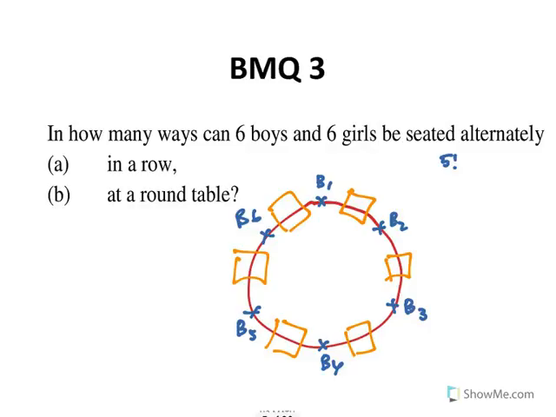For example, look at this seat, it is very unique. For this girl sitting here, B1 is on the left, B2 is on the right, and no other seat in this circle gives you this arrangement. So whether we go clockwise or anti-clockwise, this seat is actually unique.